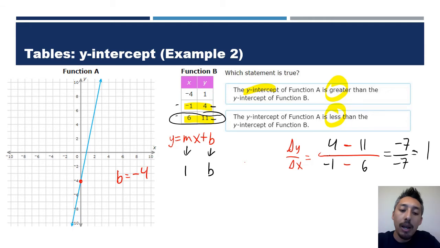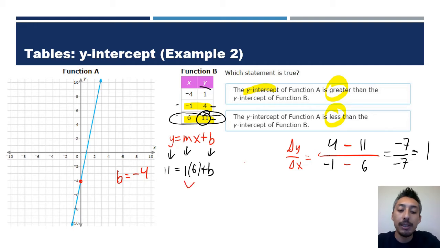Here, our y is going to be 11 because it's on the y part of the table. So 11 is equal to 1, which is our slope, times, instead of x, we're going to plug in a 6. And then we have plus b. We are trying to solve for b. We're trying to figure out what b is equal to. But first, let's simplify.